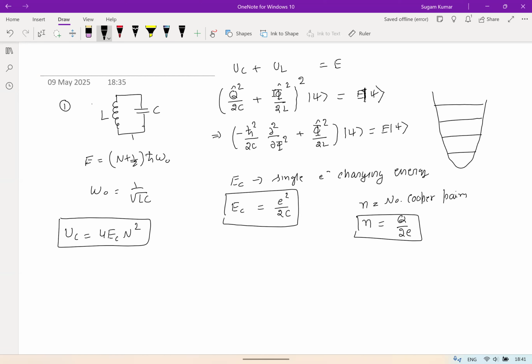But there is another form also before going into that. So I said that the flux phi is equal to phi naught into phi, where this phi naught is called the flux quantum or reduced flux quantum, and that phi is called the superconducting phase.